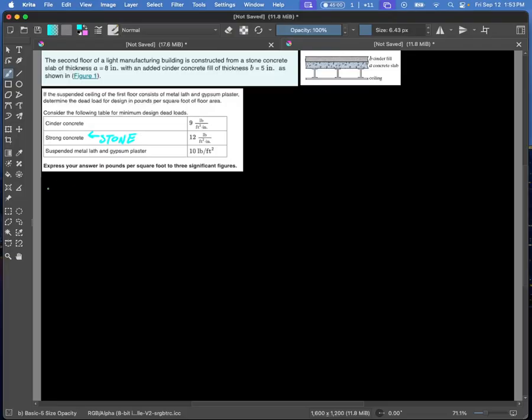So for the cinder concrete, we have 9 pounds per foot squared times inch. And we're going to multiply that by the cinder concrete thickness of 5 inches. This will give us a weight in pounds per foot squared.